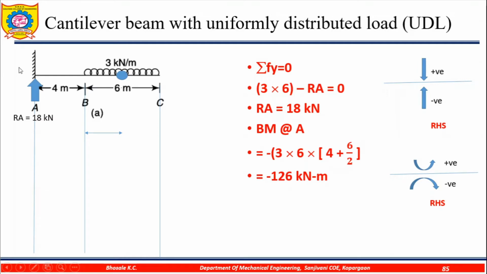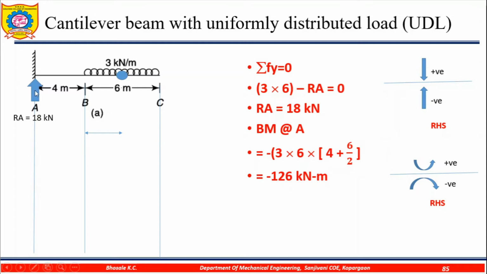Then what is the bending moment about this point? When there is a clockwise bending moment, it is taken as negative, so we have used the minus sign. 3 is the intensity of the UDL, 6 is the total span of the UDL, and then we multiply by the distance of the midpoint of the UDL from that point.